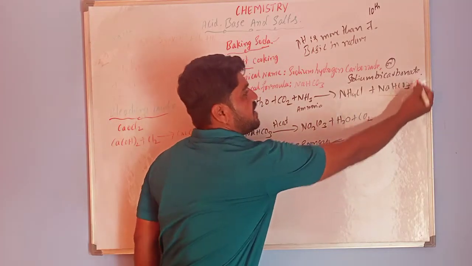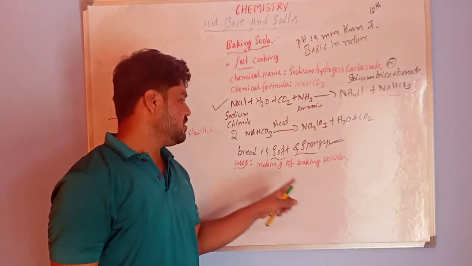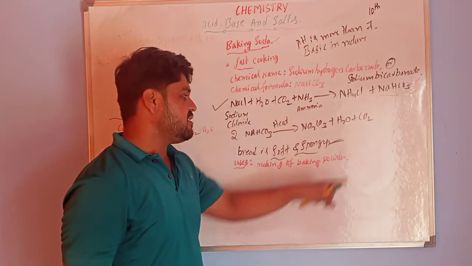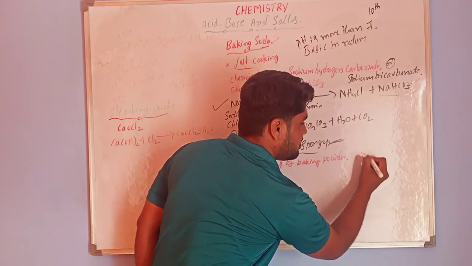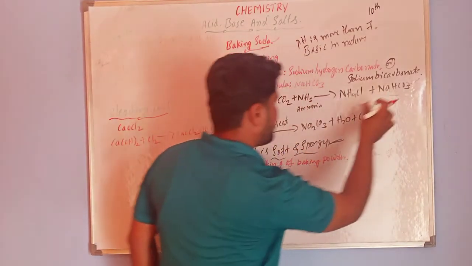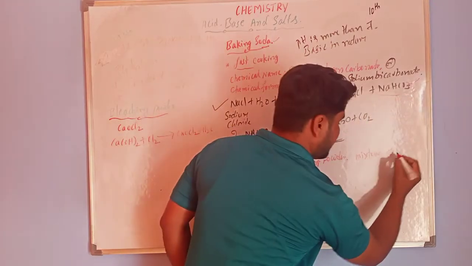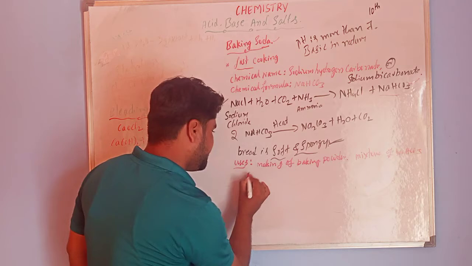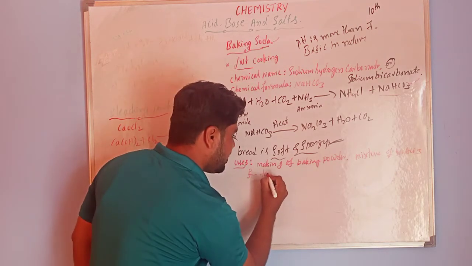This is sodium bicarbonate. So this is the first use, and also this baking powder is a mixture of sodium bicarbonate, NaHCO3, and tartaric acid.